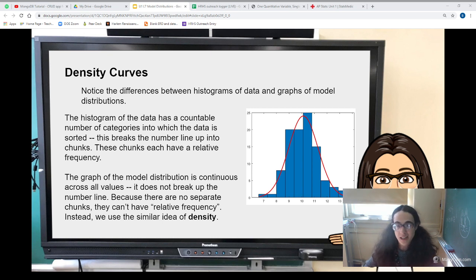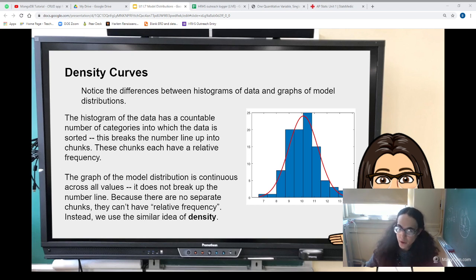So each of these chunks can have a relative frequency. This is what we've been doing so far in this unit. When we say relative frequency, we mean, say, 20% of the values were between 7 and 8, and 15% were between 8 and 9, and 10% were between 9 and 10.